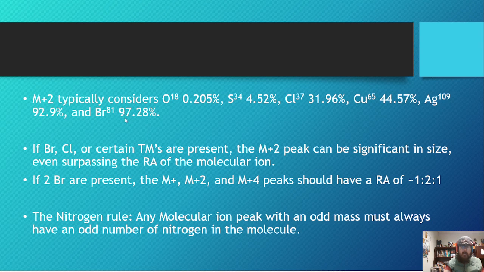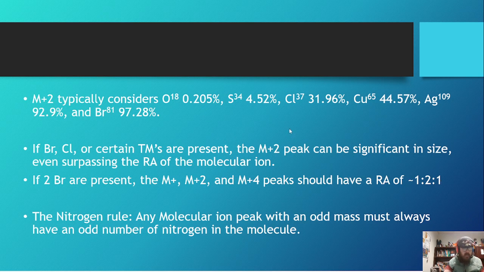Bromine is like 97% chance of finding an isotope. Basically what happens is if there is a bromine or a chlorine, you can have a really large n+2 peak. And in fact, if you have more than 1 bromine or chlorine, this n+2 peak can be larger than the molecular ion peak. For example, if there's 2 bromines present, you're going to see an n+2 peak and an n+4 peak that have a ratio of 1 to 2 to 1.